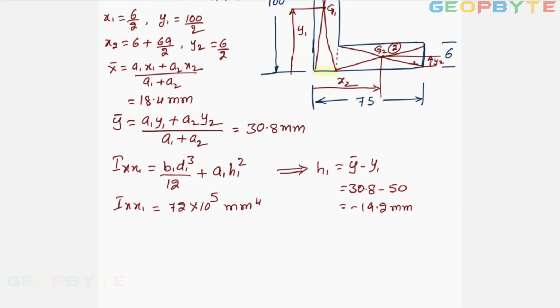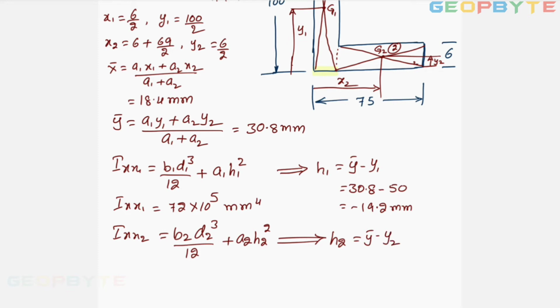Similarly, Ixx2 equal to b2 d2 cube by 12 plus a2 h2 square. Here the h2 value equal to y bar minus y2.